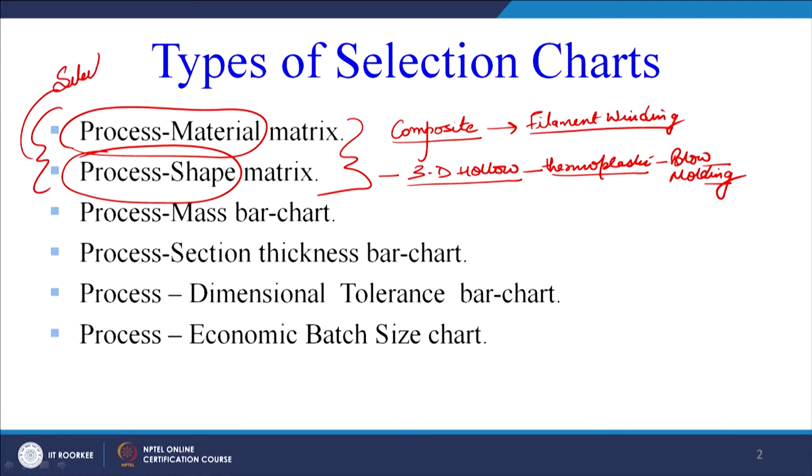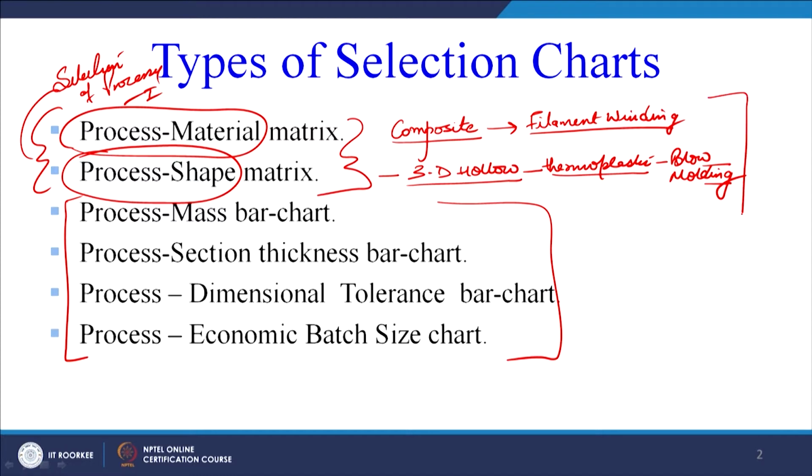in our first session on selection of processes 1, and today our target is to cover these 4 types of charts: process mass bar chart, process section thickness bar chart, process dimensional tolerance bar chart and process economic batch size bar chart. So 2 attributes already taken care of, which are, if we summarize, 2 attributes for process selection.